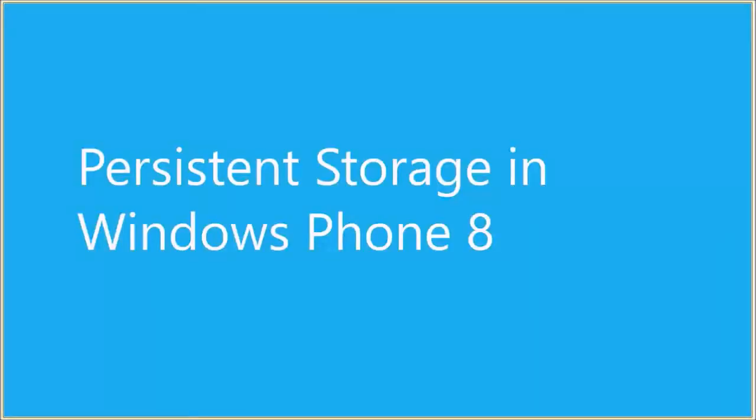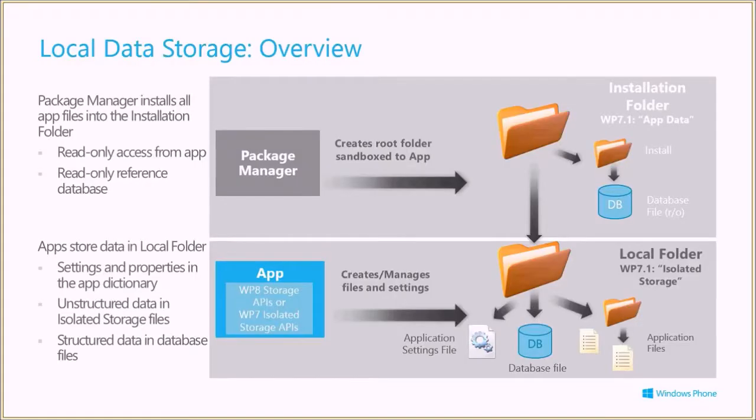So let's get started, starting with the persistent storage in Windows Phone 8. Let's understand how the local data storage is for Windows Phone. For any application, there are two separate locations on the phone where files and subdirectories can be stored. We've got the installation folder and the local folder.